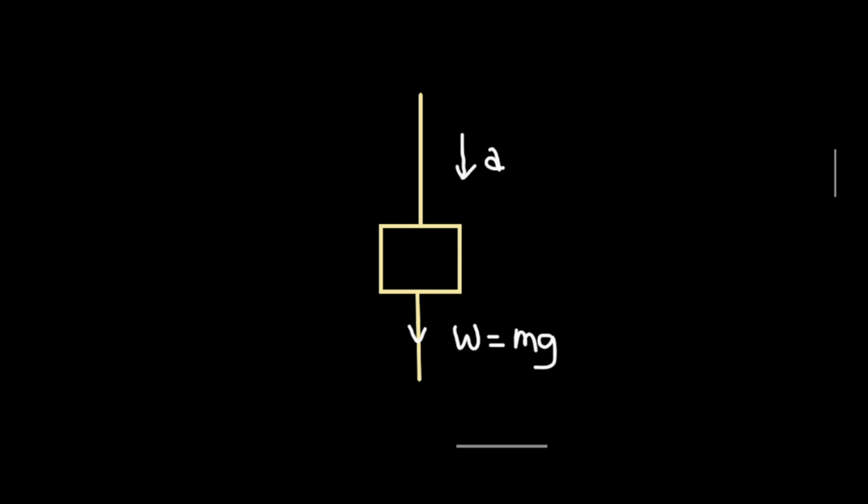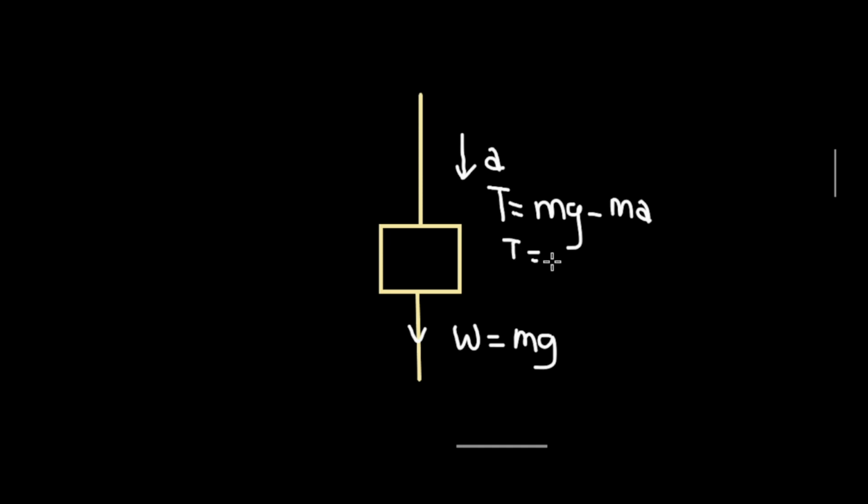This is a simple key when it comes to tension. It will be accelerating downward, and what we need is for our tension to stop the elevator from free falling, because the acceleration in this case will simply be gravity. So our tension will be mg minus the force applied, because it's falling downwards.